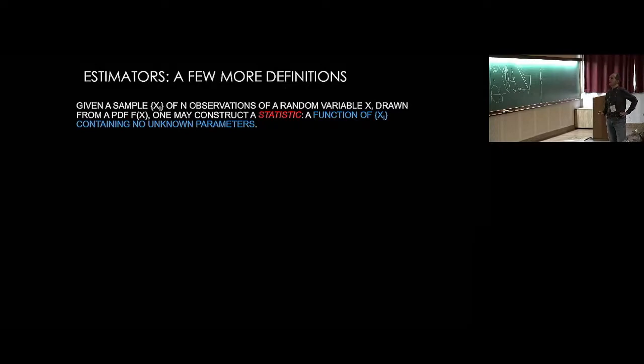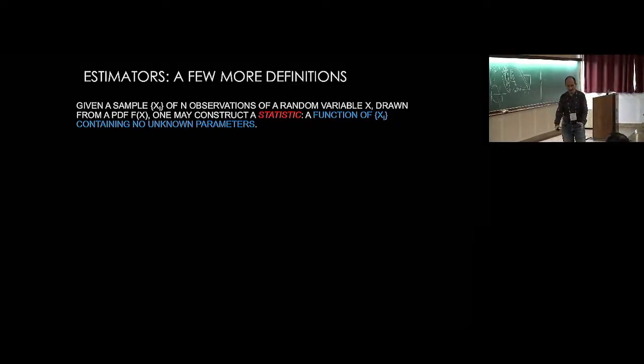So, estimators. We touched on the definitions at the beginning, but we didn't really get into the heart of the matter. So let's take a sample of data, n observations of some random variable x that are drawn from a certain distribution function f. What is a statistic? It is a function of the data that contains no unknown parameters.